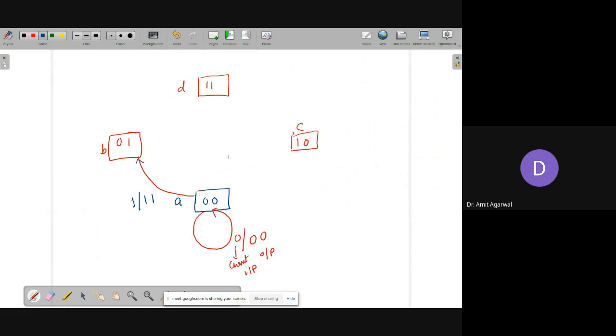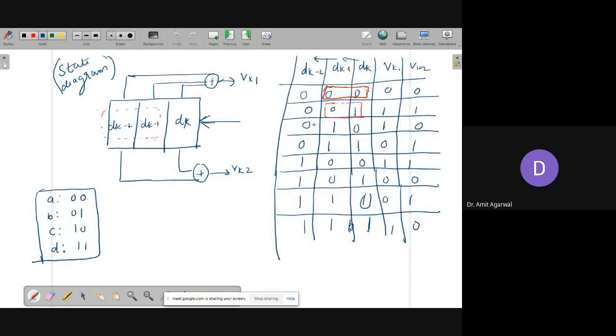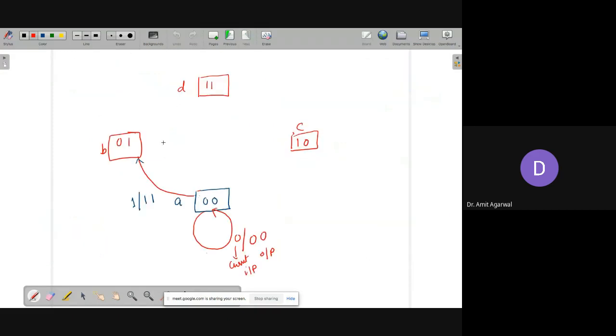Similarly, if our initial state was 01 and input 0 comes, the output will be 10 and the next state will become 10.